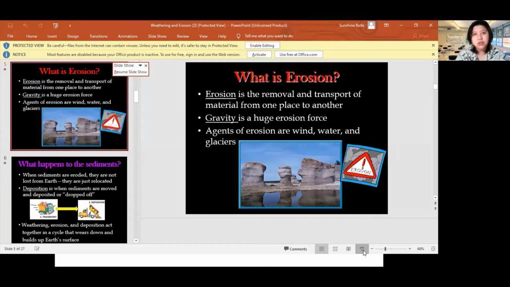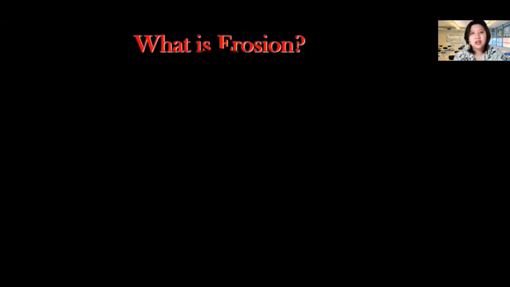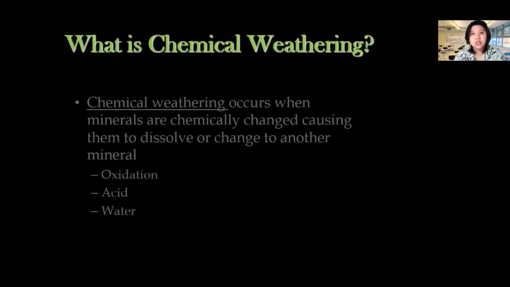For some of you who were with me yesterday, we have discussed some information about chemical weathering. We've closed it on a check-up question or exit ticket that requires you to identify what kind of chemical weathering took place.